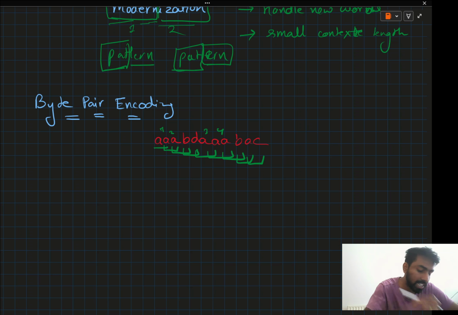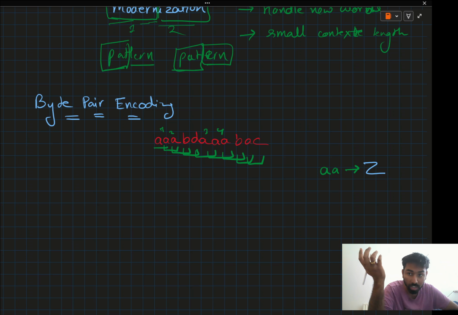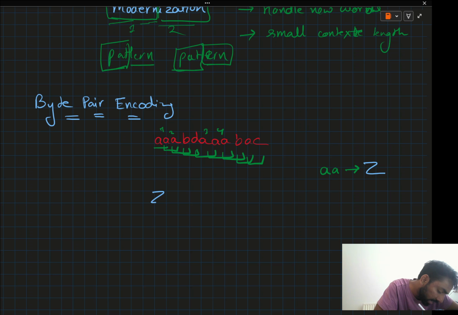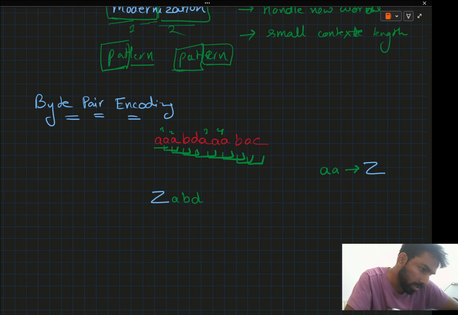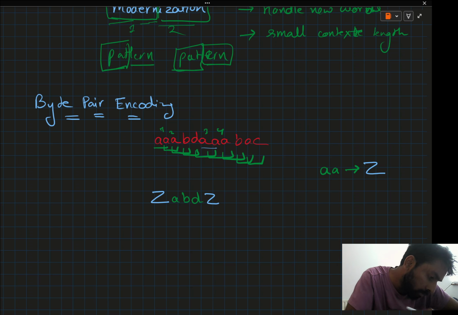So let's just replace AA with Z, for example, because Z is not there in the vocab until now. So we'll write Z, and then the remaining as A, B, D, then again Z replacing these two, and then again A, B, A, C.